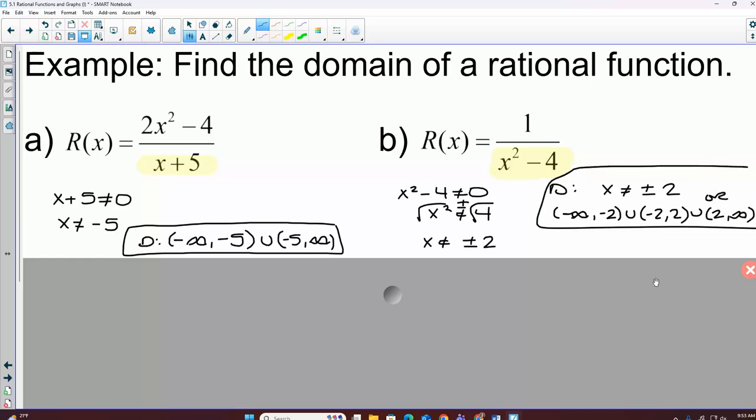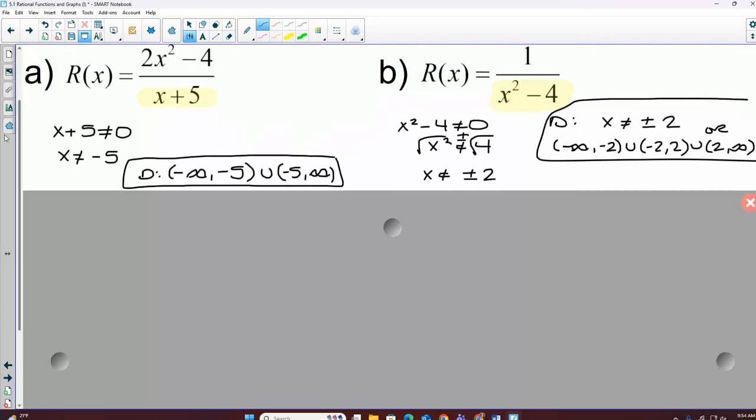So my expectation, if it's just one value, you must give me interval notation. If it's more than one value, you are allowed to list what x can't be. But make sure you're telling me x cannot equal, instead of saying x is equal to 2 and negative 2.